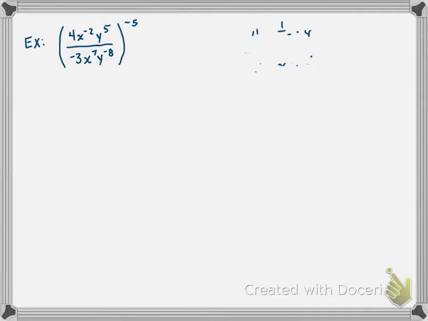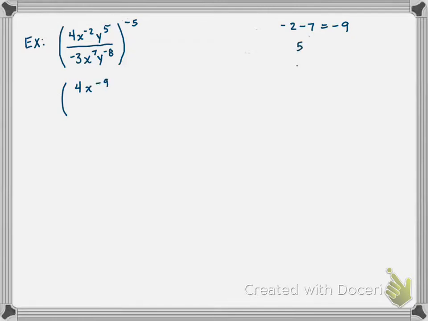So instead, rather than starting with those negative exponents, I'm going to use my quotient rule first and just subtract my exponents. So this is 4, negative 2 minus 7 is negative 9. So x to the negative 9th.